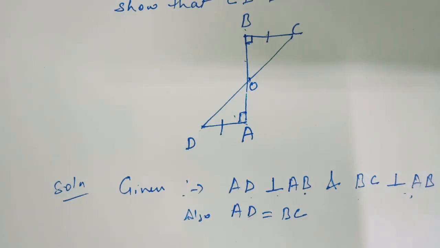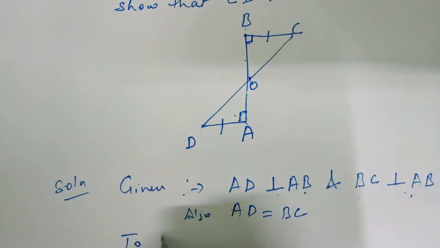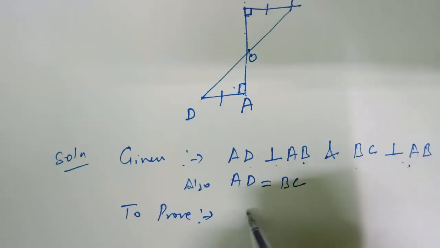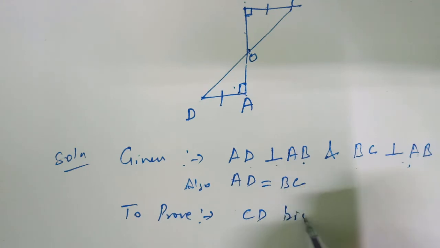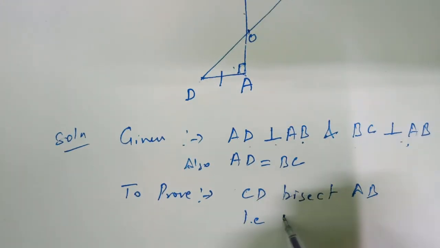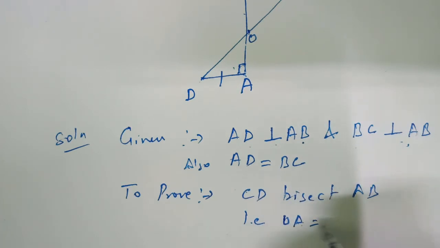This is given. What we have to prove? To prove: CD bisects AB, that is OA equals OB. You can write OA, AO or OB, BO. We have to prove these two are equal.